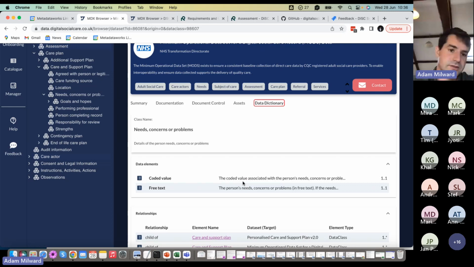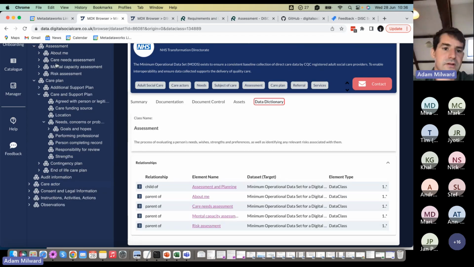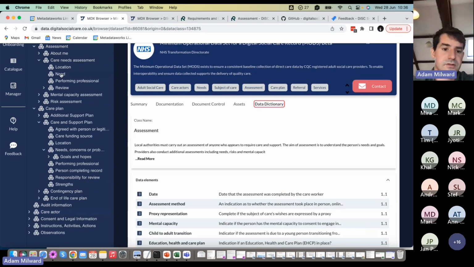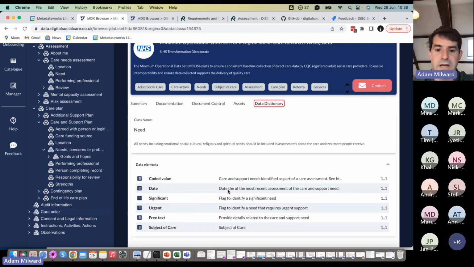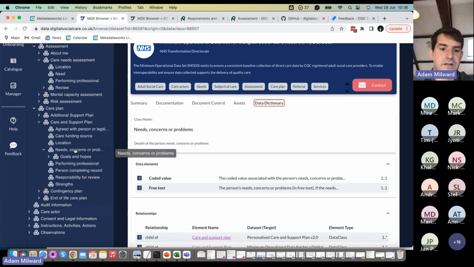This one's based on the PRSB care and support plan, and there were some additional things within our needs assessment that we saw in some of the solutions, around scoring the need as significant or urgent, which weren't necessarily within this part of the model. So maybe there's a gap there that we need to align.